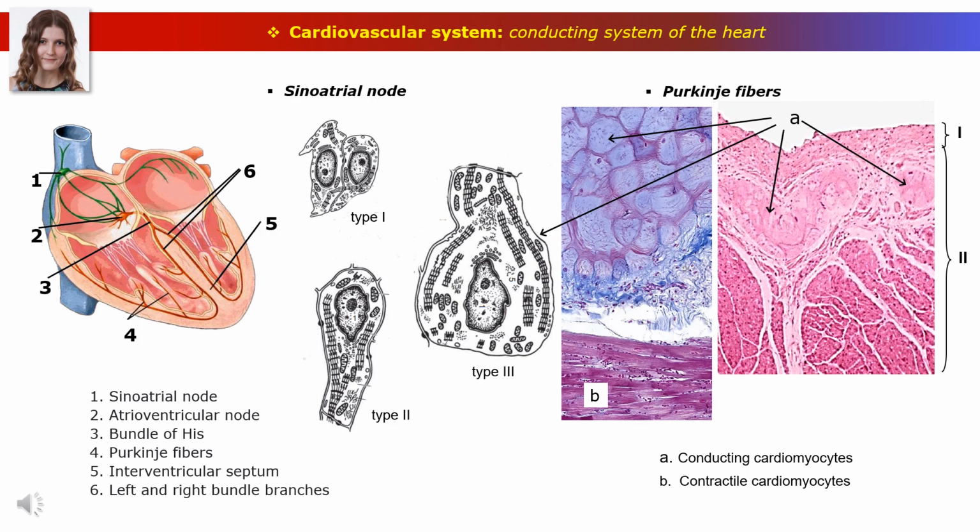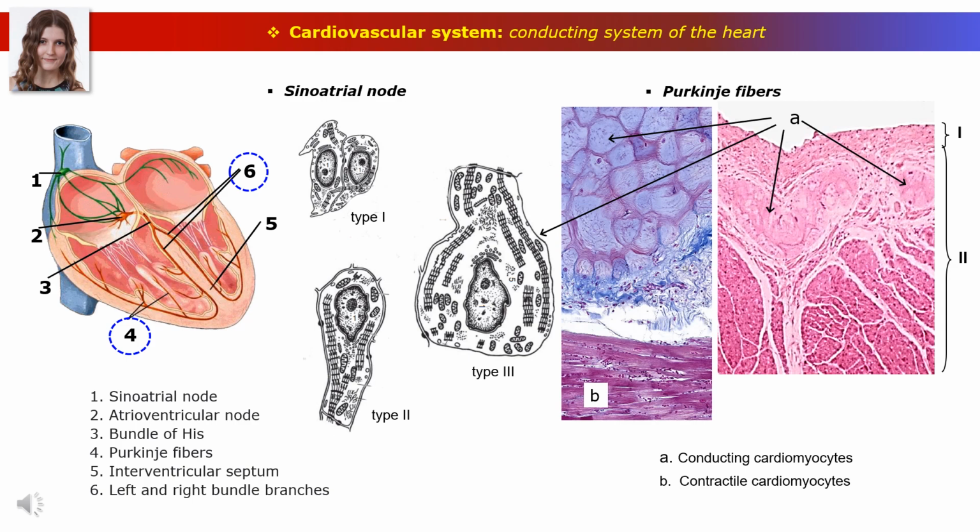The conducting system of the heart is represented by the sinoatrial node, atrioventricular node, bundle of His and bundle branches. They contain conductive cardiomyocytes of type 1, 2 and 3.